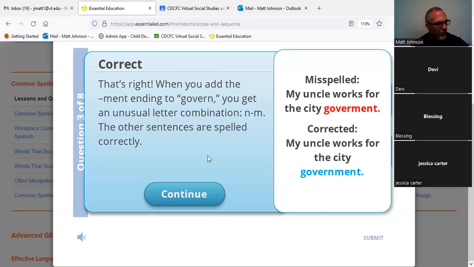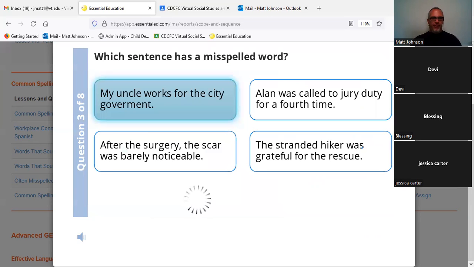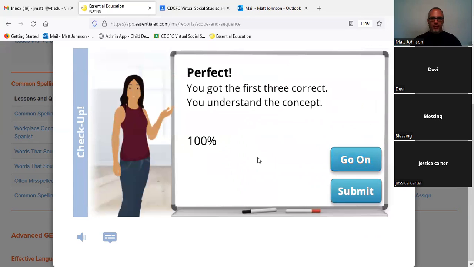This one, I think, while it's the sound that will trip us up some, just think about that root word, right? Govern. So that will help you kind of keep that one straight, that you still need that N with government.